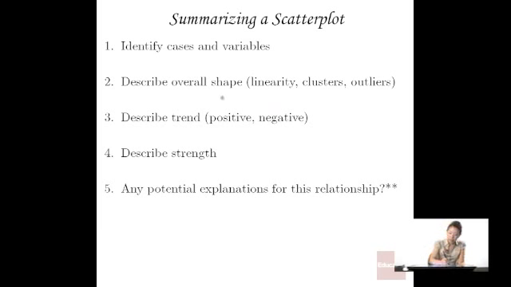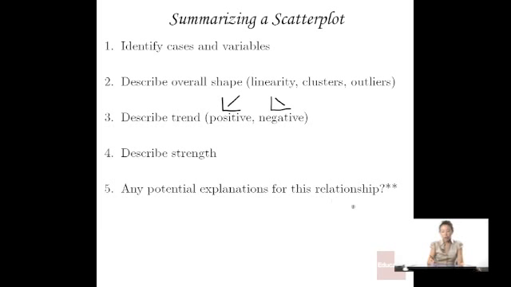So you could think of this as going that way or going that way, right? And then step 4 is describe the strength. And for now, you could just think of it as eyeballing it, strong, moderate, or weak. But we'll talk about exactly how to do that later.